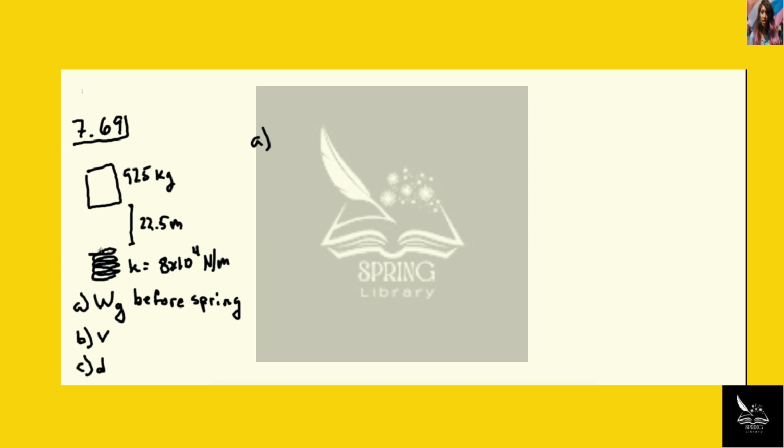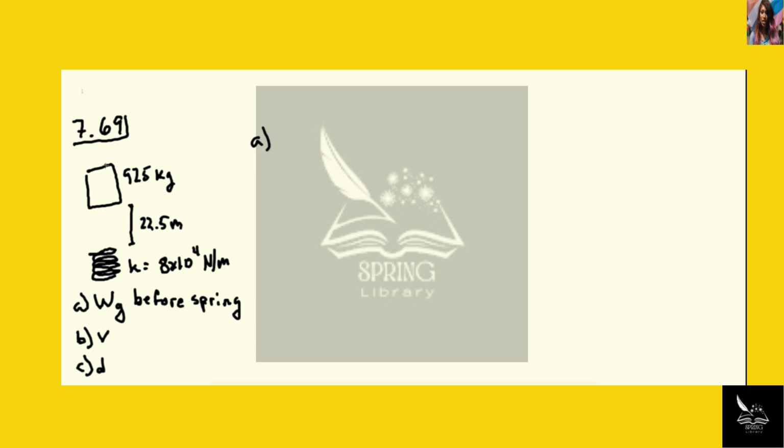And then we want to find the speed of the elevator just before it hits the spring. And then we want to find the amount that the spring will compress. And here, work is being done both by the spring and by gravity, so we'll have to be a little bit careful.